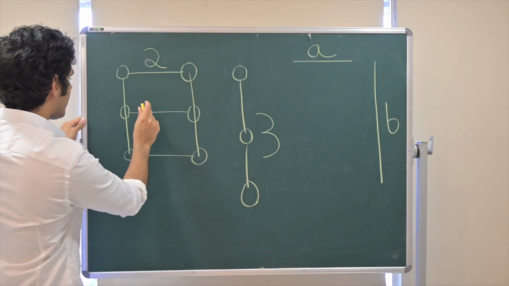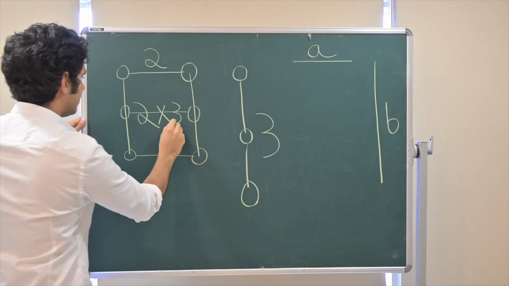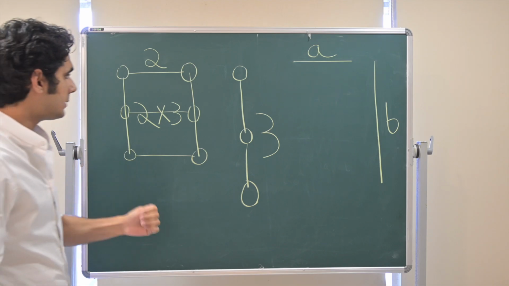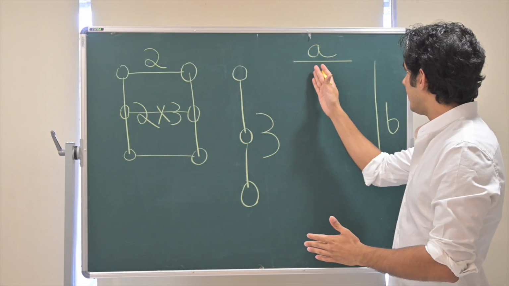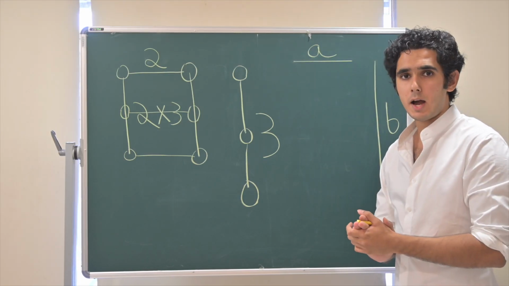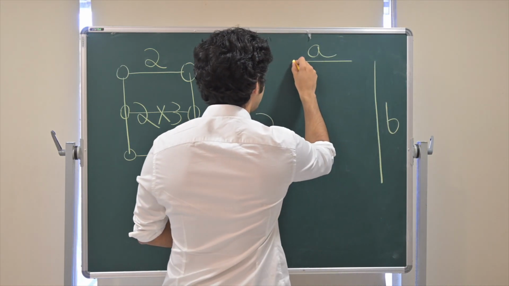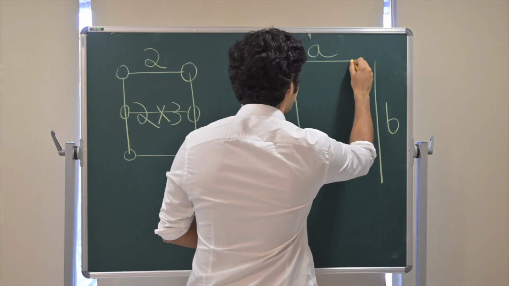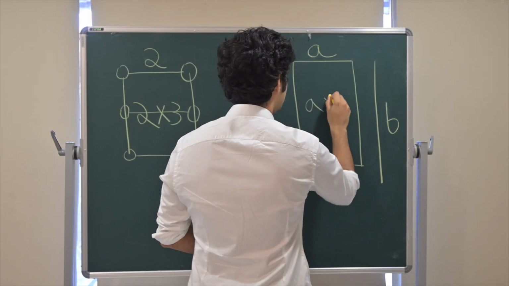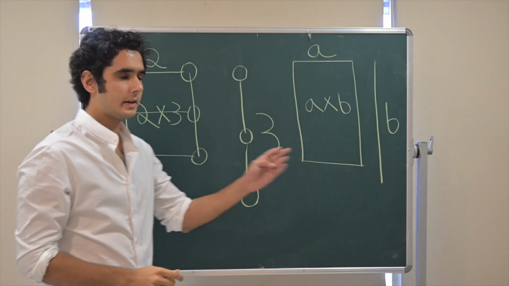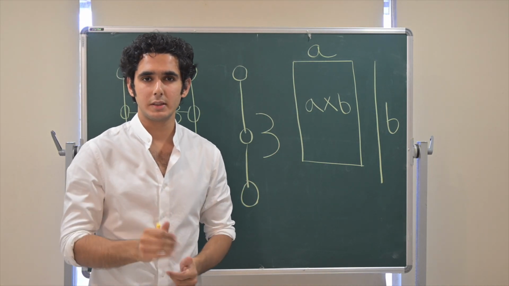So this rectangle is 2 times 3. And similarly, for any two arbitrary numbers a and b, to multiply them, we just repeat a, b times and form a rectangle as such. So this rectangle is a times b. That's all we need to know to go forward in this video.